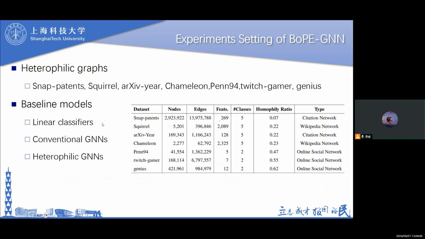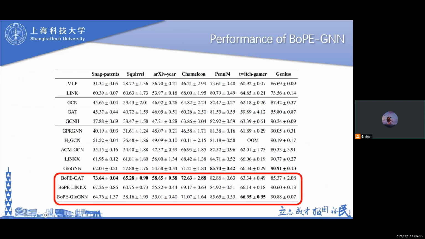We compare different baseline models with our BOP-GNN, including linear classifiers, conventional GNNs, and heterophilic GNNs. The BOP-GNN models achieve the best performance on almost every heterophilic graph dataset.